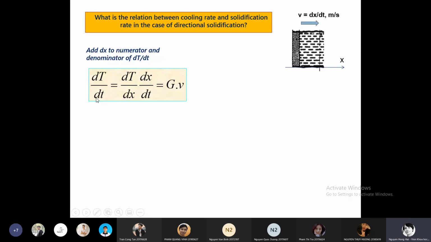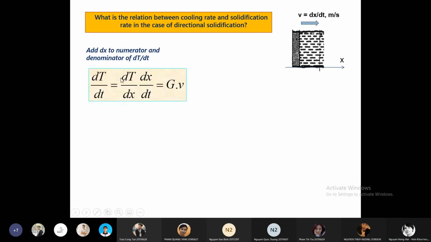You see, the first term, dT over dx, is the temperature gradient. And the second term, dx over dt, is the solidification rate.